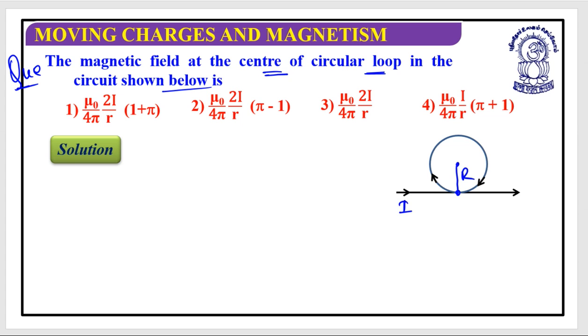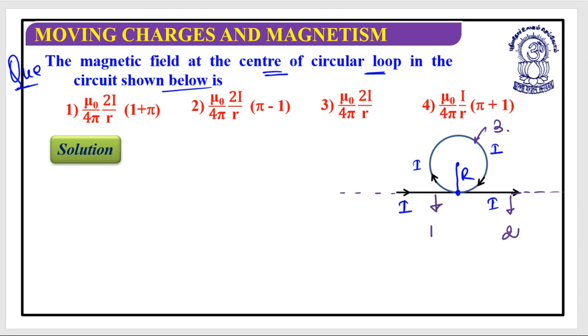Let's assume that current I is entering and current I is leaving, something like this. So what you need to do is consider this segment as the first, this segment as the second, and this circle as the third. Yes, it has been coming from infinity and it is leaving to infinity.